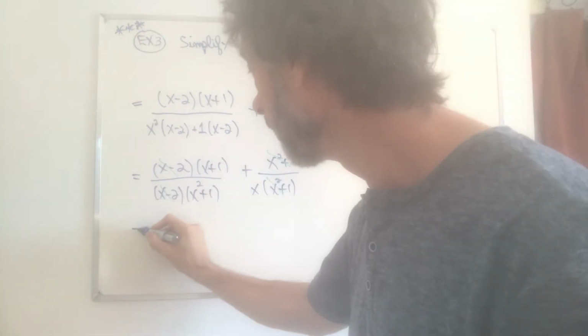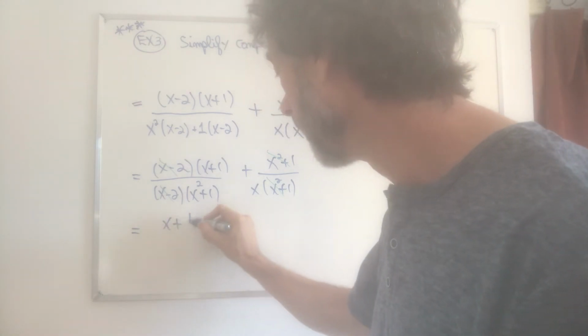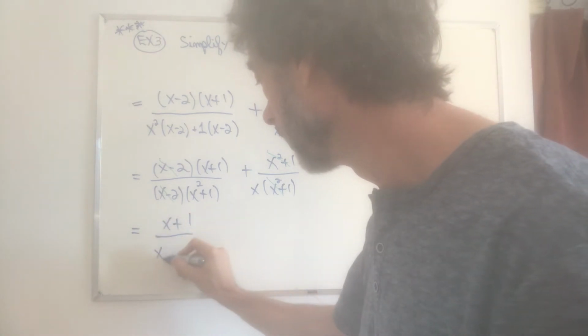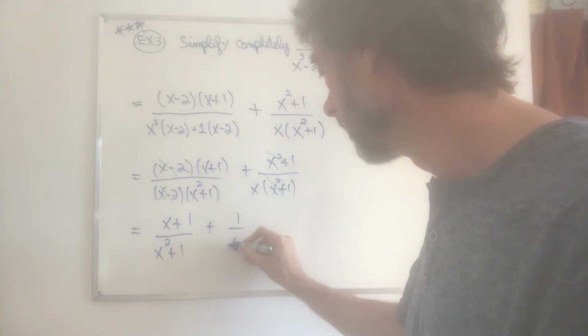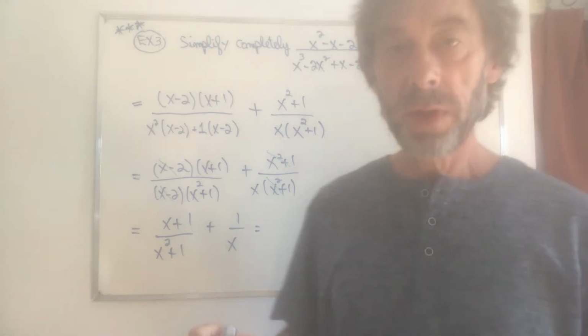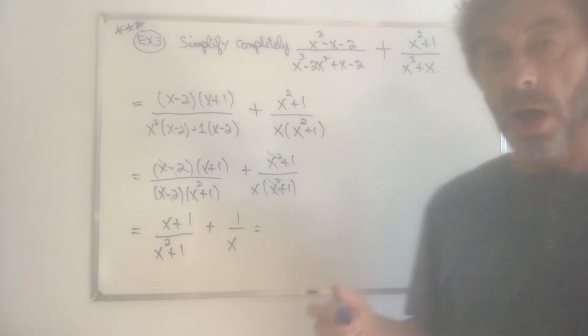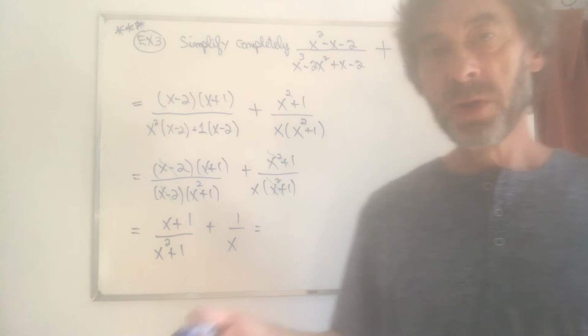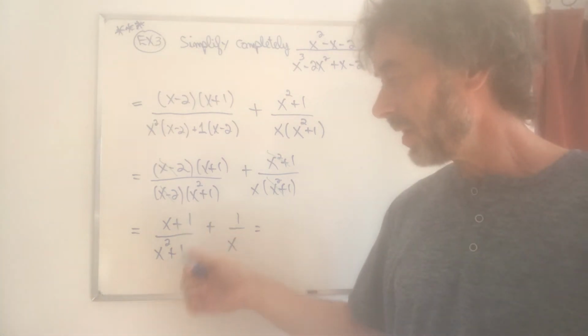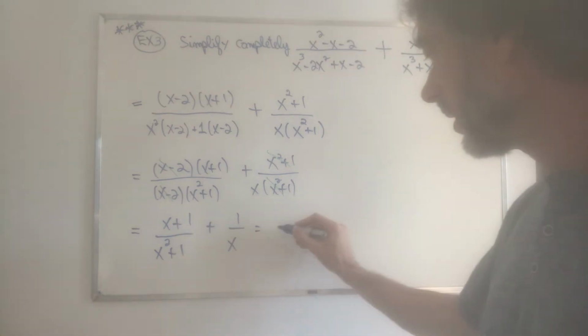So here we are with x plus 1 over x squared plus 1 plus 1 over x. Now we are actually ready to take a common denominator on this expression. Again, active principle number 3, how do I take a common denominator? A over b plus c over d.